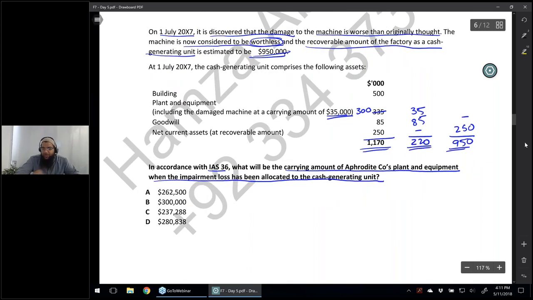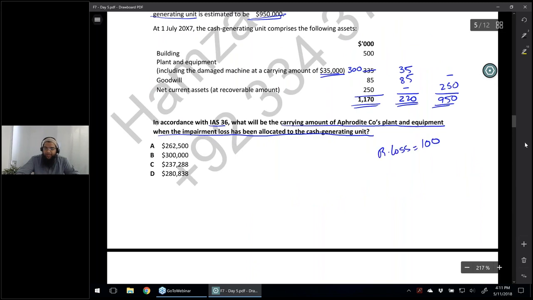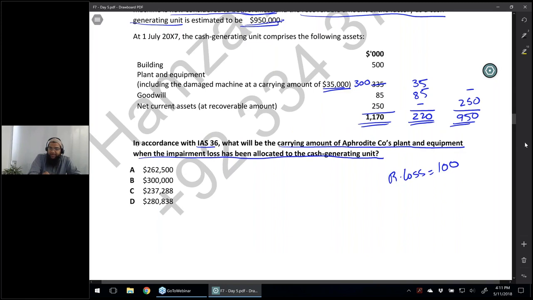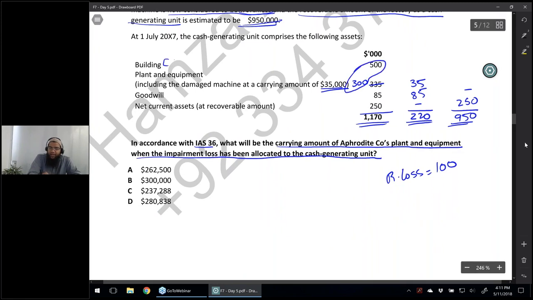The remaining loss of 100 is to be allocated between the building and the plant. The sum of building and plant is actually 800. So 500 divided by 800 into 100 is the loss on building, and 300 divided by 800 into 100 is the loss on plant and equipment.